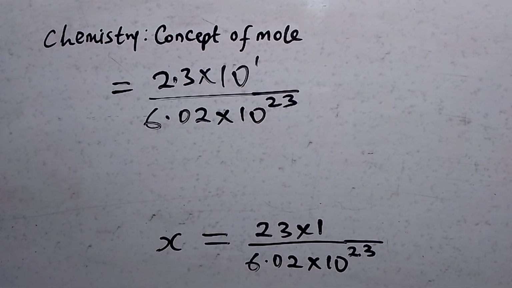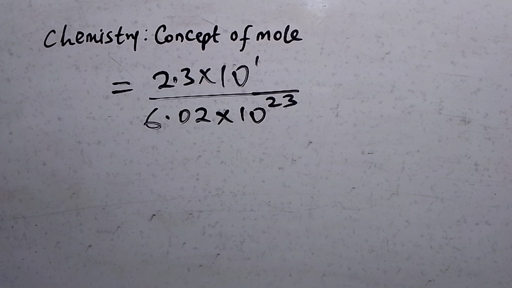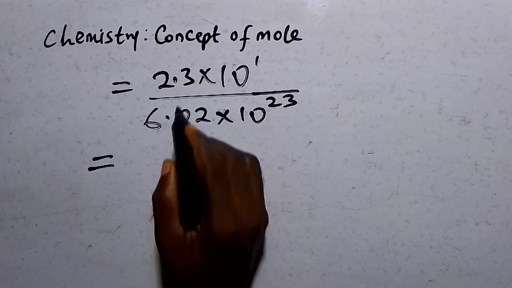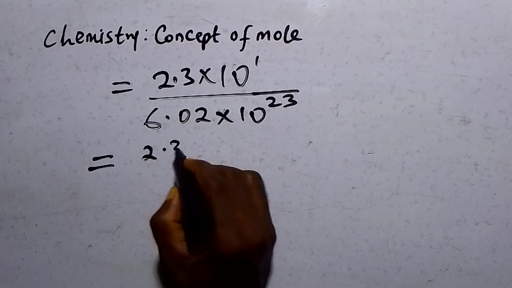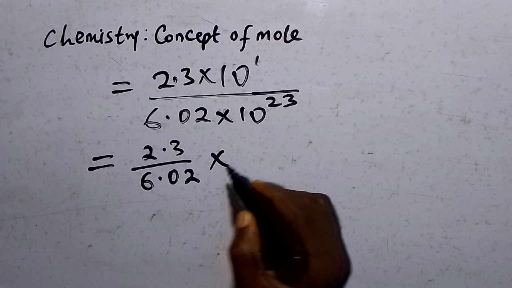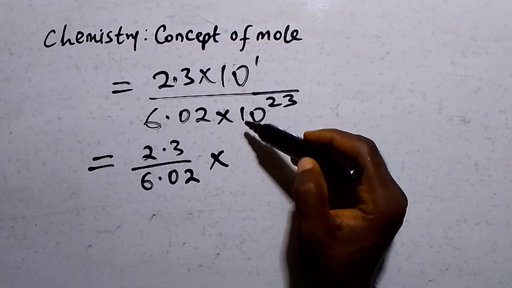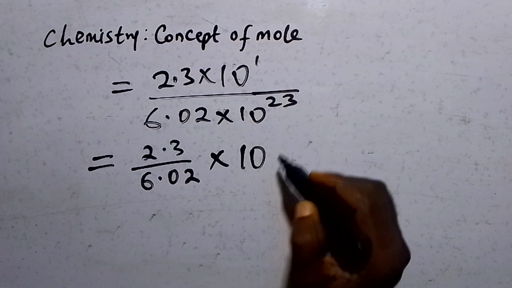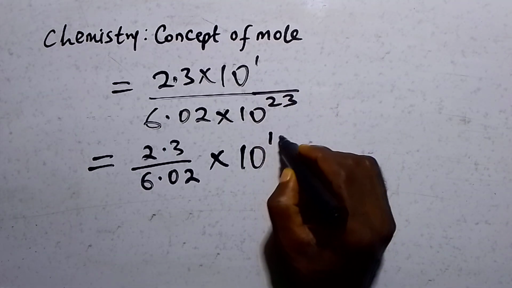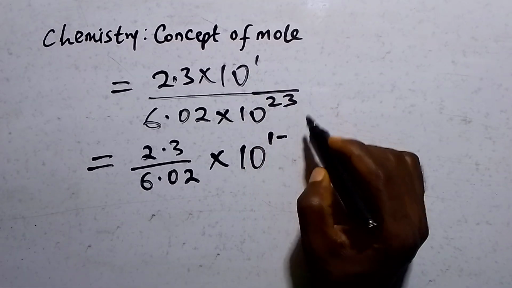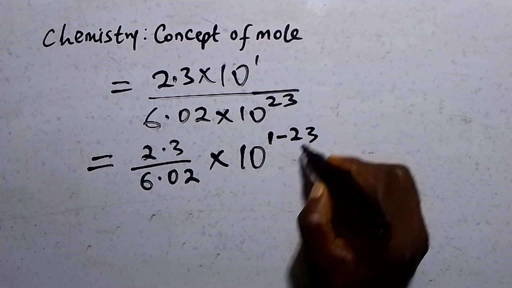So the next thing you do is write this 2.3 divided by 6.02 times, since you have 10 up and 10 down, just write only one 10. Then the exponent up, you subtract: the exponent up minus the exponent down.